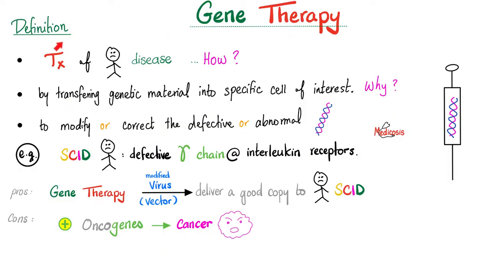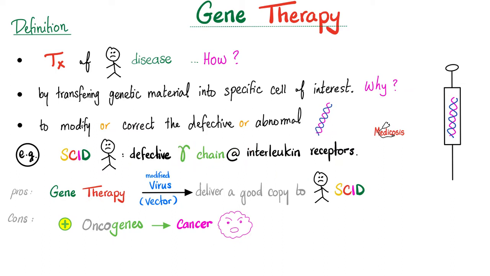Next, gene therapy. What is it? Treatment of human disease. How? By transferring genetic material into specific cells of interest. Why? To modify or correct the defective or abnormal gene or DNA. Example: patients who have SCID, severe combined immunodeficiency, usually have a defective gamma chain of some of the interleukin receptors.